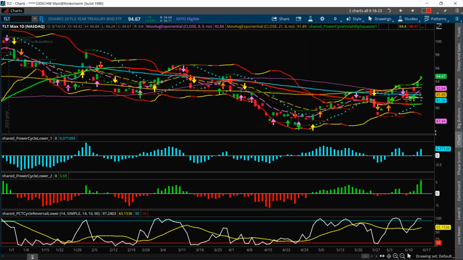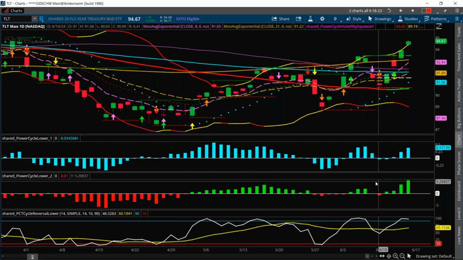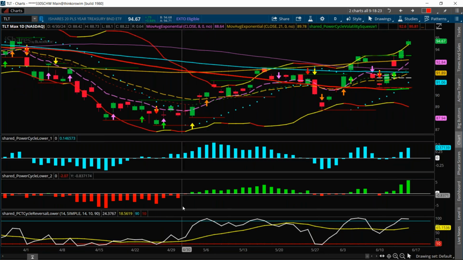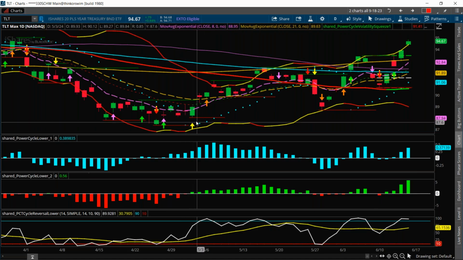The last decent setup was back here. You can see we had a cycle reversal, momentum 2 right here, then the moving average cross. This was the entry right there.